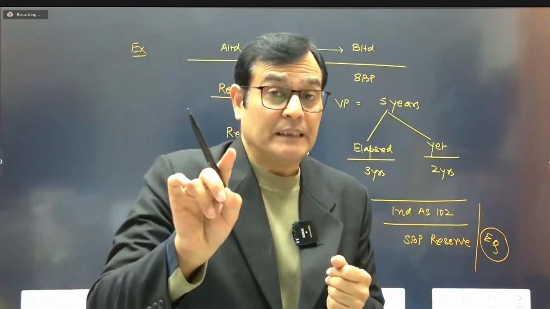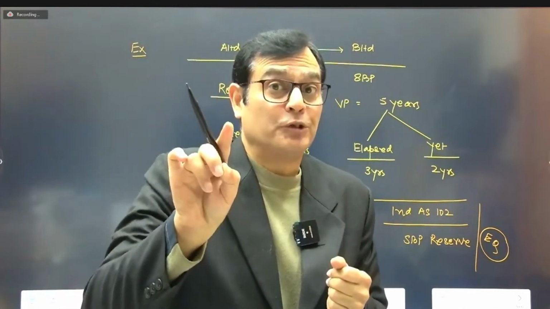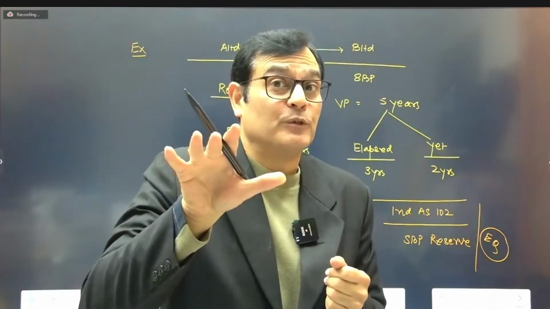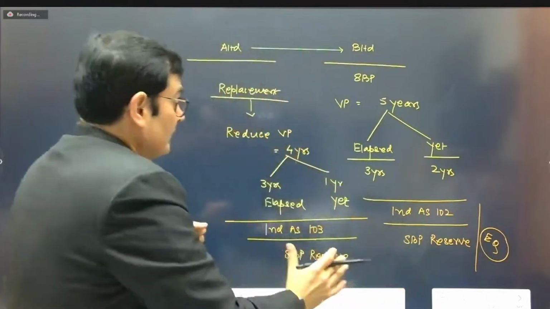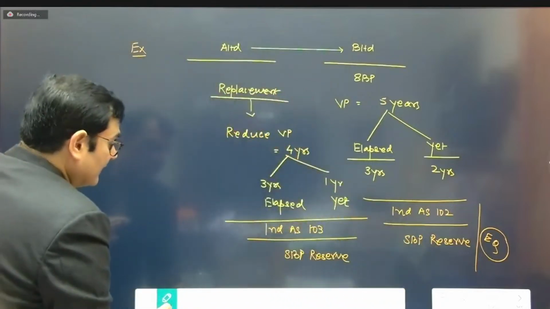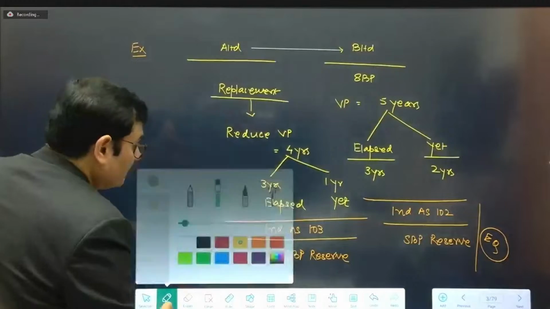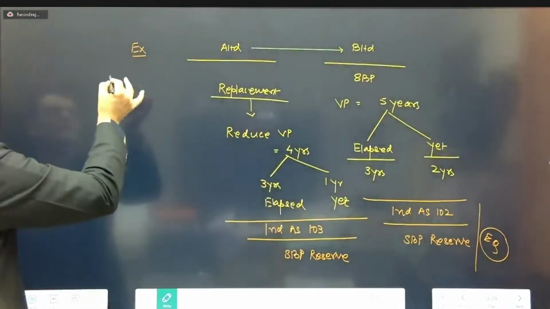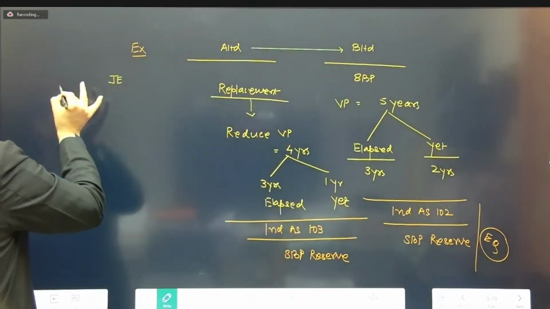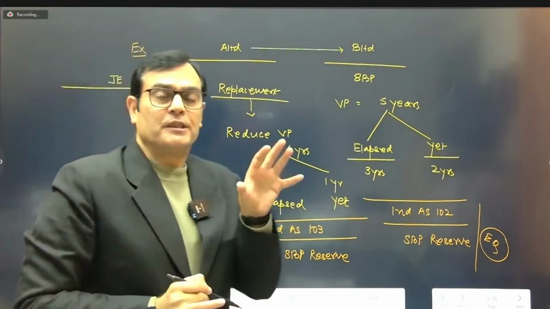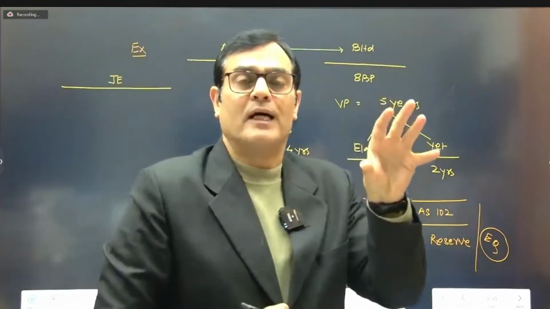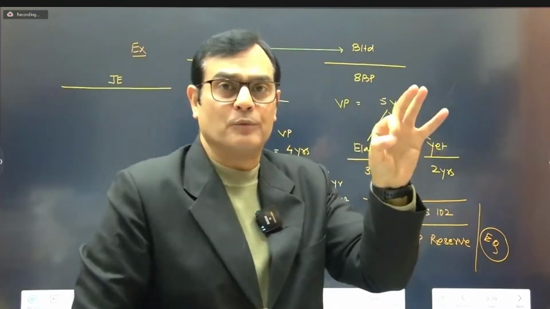Now watch this carefully, because this might create a confusion later. So I just want to give you a clarification at this stage. Since he is required to create an SBP reserve in the books of accounts, now look at the journal entry which A Limited is going to pass as a part of the acquisition accounting.